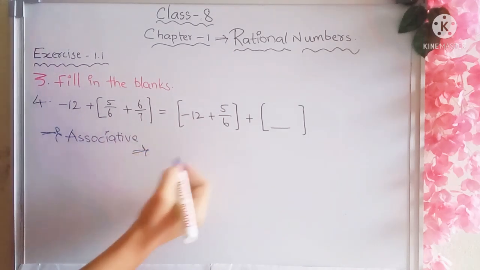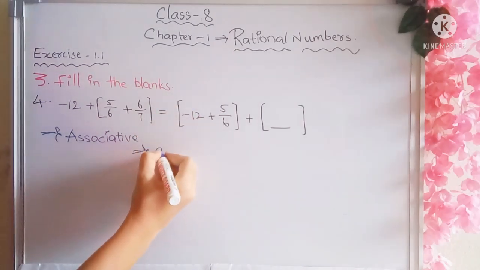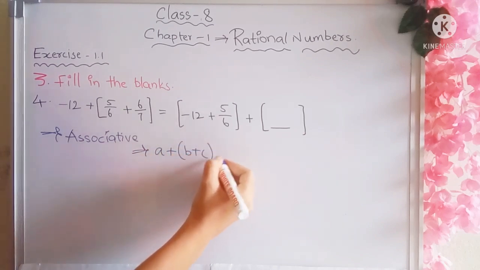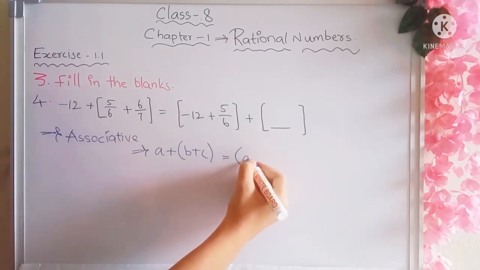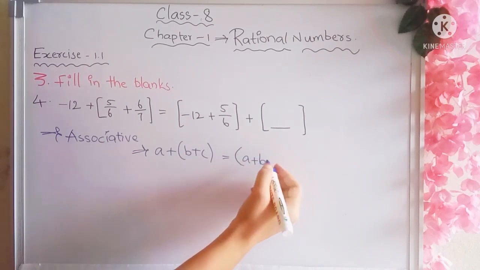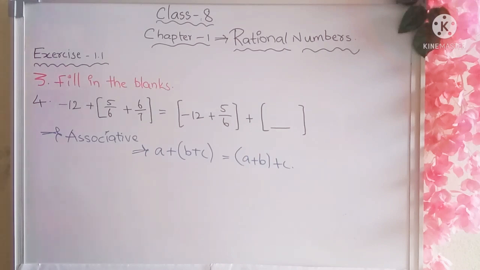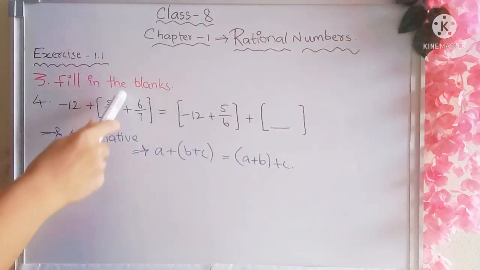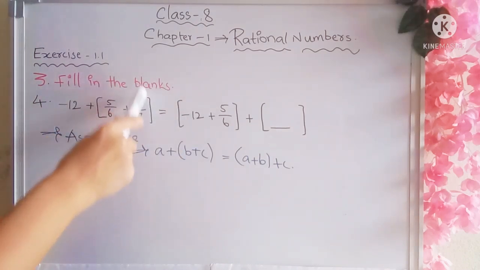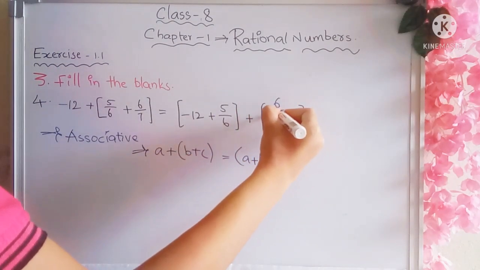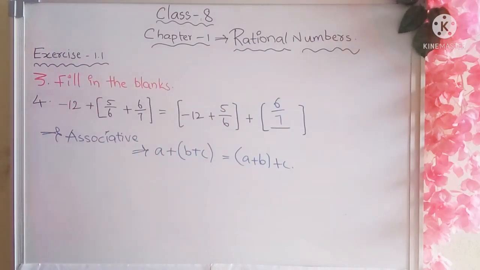And this is as A plus B plus C is equal to A plus B plus C. So here when we are combining these two, this 6 upon 7 is left. So here we have to write 6 upon 7.